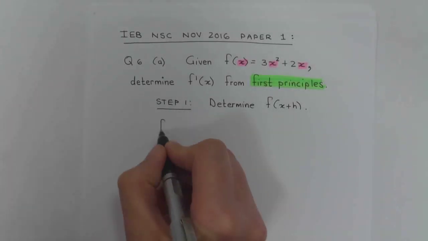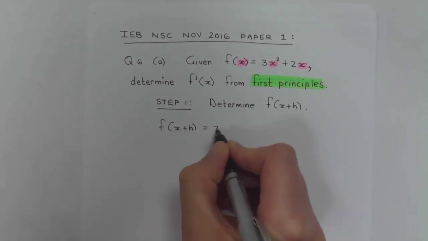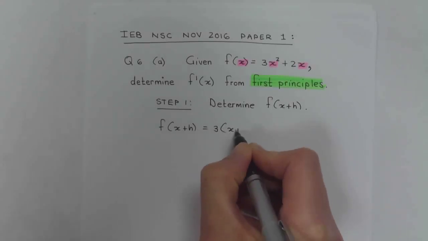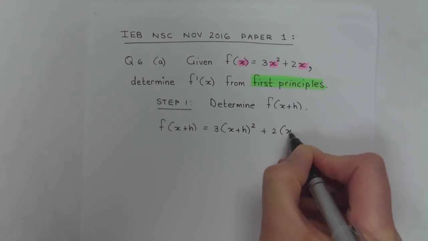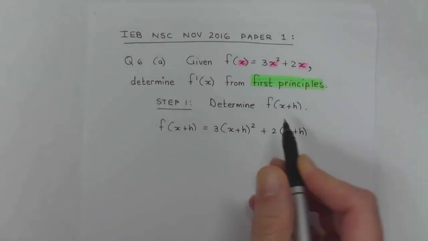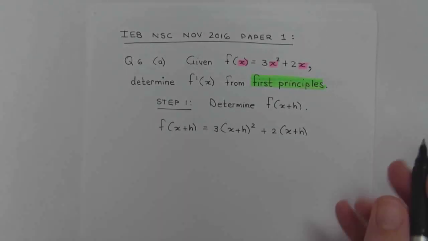So that means f of x plus h, in this case, is equal to 3 times x plus h squared plus 2 times x plus h. And I have to simplify it, because if I don't simplify it, I'm going to have to simplify it in the formula, which makes it quite tricky.